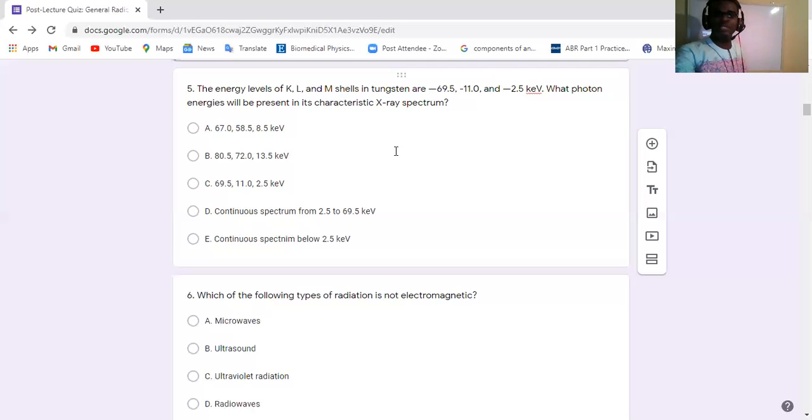Just for us to know, the M shell electron, the outermost, has the highest energy, followed by the innermost, which has the least energy but the strongest binding energy. So for A, subtract from one shell to the other; do the difference of the energies in the two shells concerned.